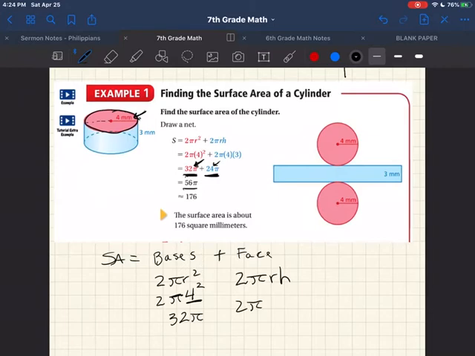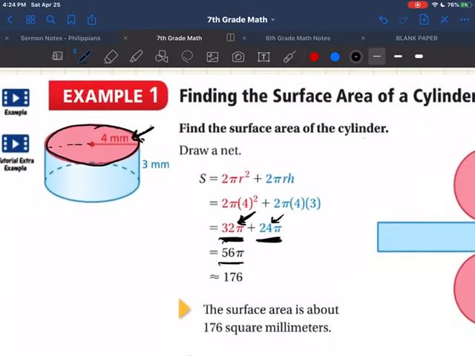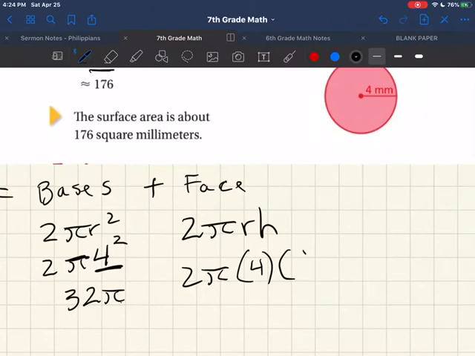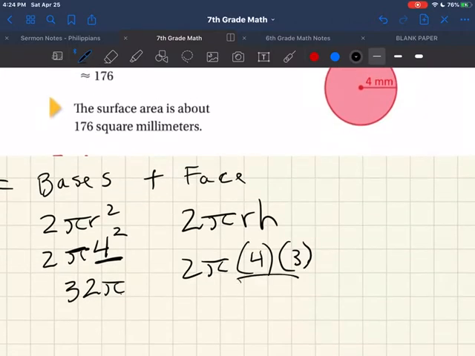Radius we get from the drawing, which is 4, and the height is this part right here, the height of the cylinder, and it's 3. So we come down here and we go 3. Okay, and now we just multiply. So 4 times 3 is 12. 12 times 2 is 24. So that's where they got the 24 pi.